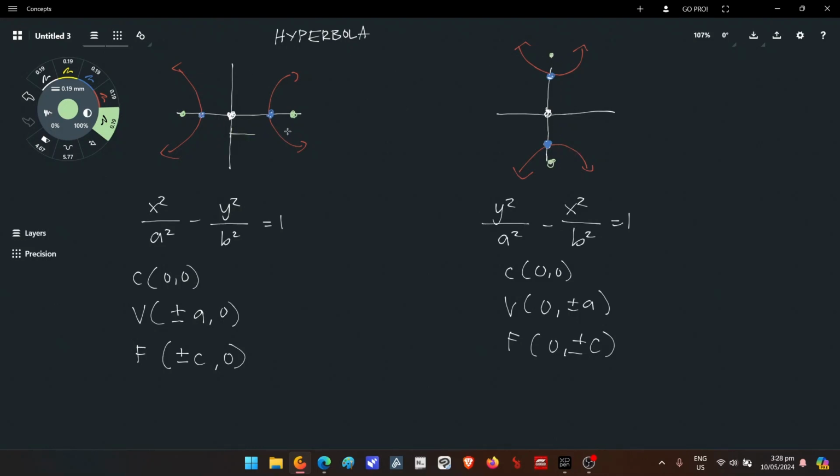And this is c, the distance between the center and the foci. And this is a. And to find c, the general formula is just the Pythagorean theorem, a squared plus b squared.